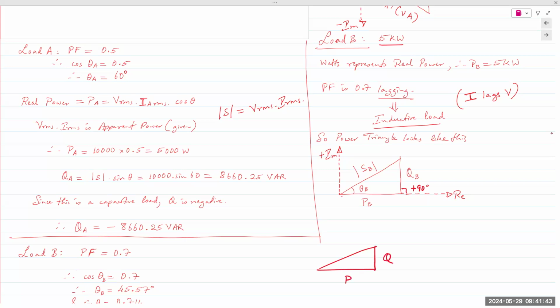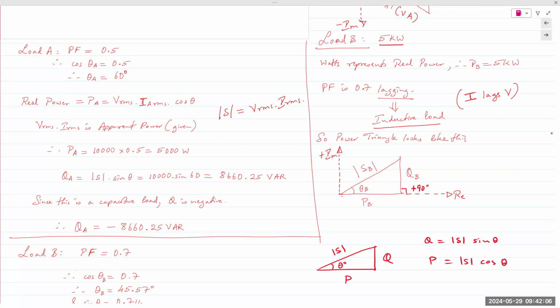Q, P, this is magnitude of S, this is theta. Trigonometric identities, right? Q is the hypotenuse times sine of the angle, P is hypotenuse times cosine of the angle.